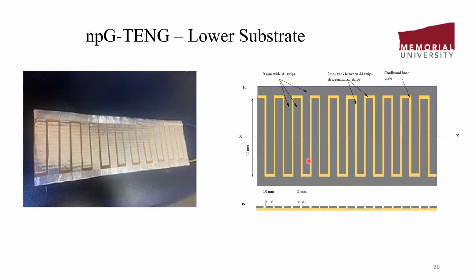For the electrodes, we used aluminium strips with 10 millimeter width, with gaps of 2 millimeter. So every odd number is connected to one side, and the even numbers are connected to the other side to make 2 electrodes.